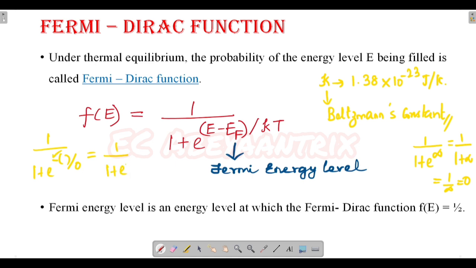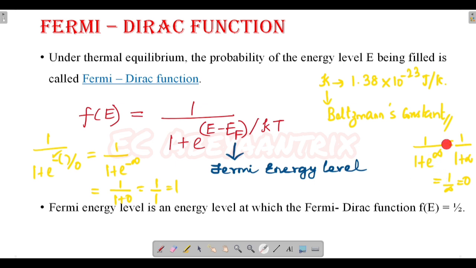With the minus sign, that is minus infinity. e power infinity is infinity, but e power minus infinity is 0. So 1 by 1 plus 0, that is 1 by 1, which is nothing but 1. So, got the point.